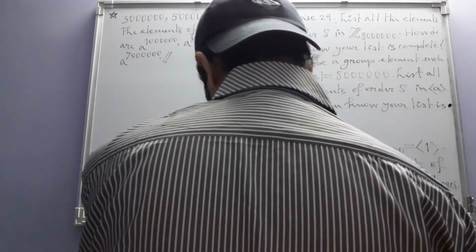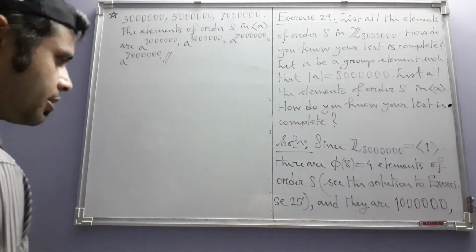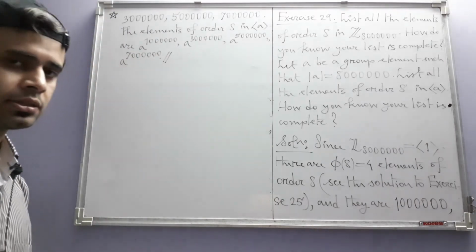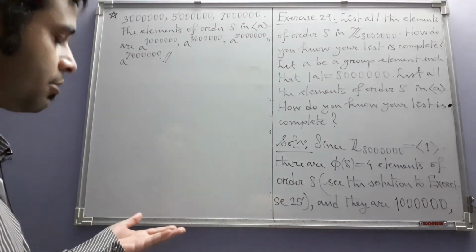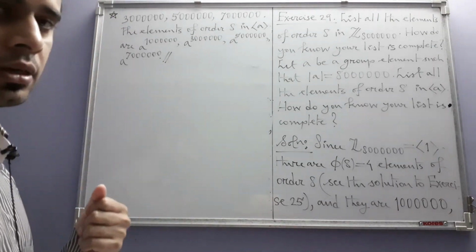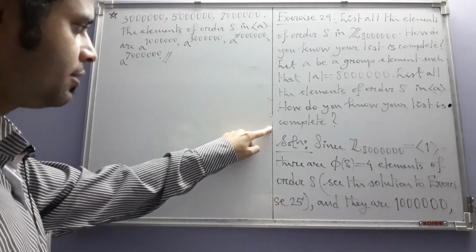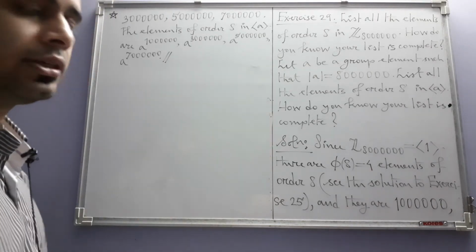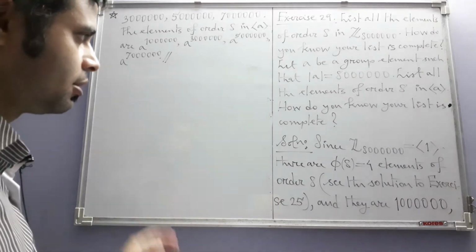And finally, today's last exercise, definitely not the last exercise of this set of exercises. There are many. I think now we will be doing 30th. No, there are 86 exercises. So in each video we will try to attempt at least 10. Attempt means solve. Hopefully all of them we solve.